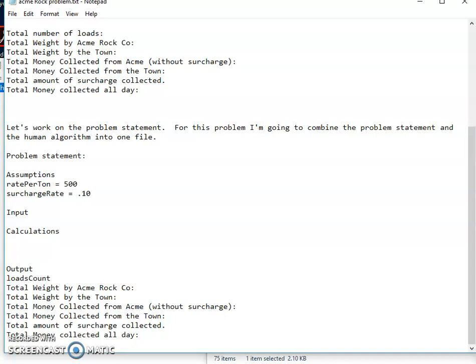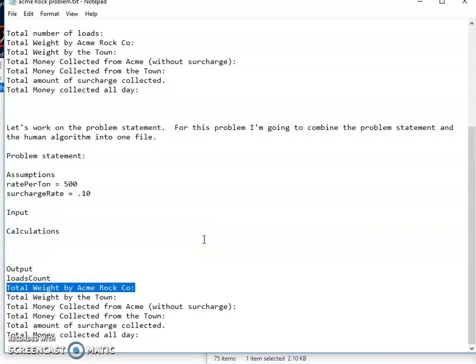The next thing is the total weight of the Acme Rock Company. So every time an Acme Rock Company truck comes in, we're going to figure out how much rock it has on it, and then we're going to accumulate that value all day long. So that has to be an accumulator. So instead of calling it total weight by Acme, we're going to have to change that because we want to have the suffix of accum.